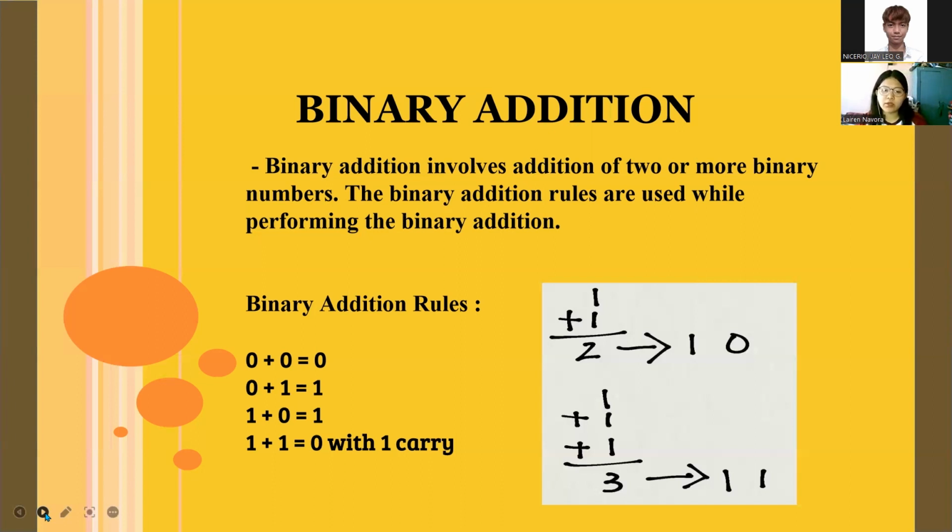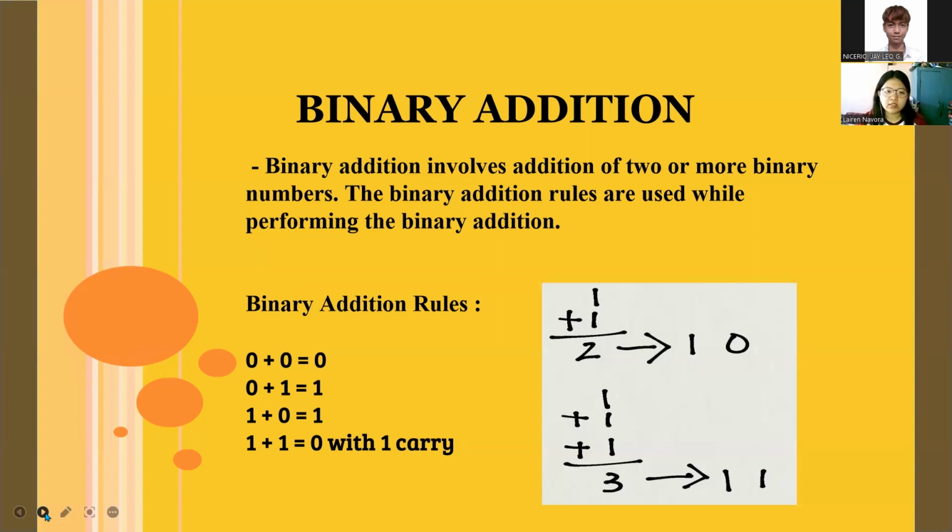Therefore, when we are doing column by column addition, in the particular column there will be a 1, while this 1 will go as a carry to the next column. So these are the few rules for binary addition.